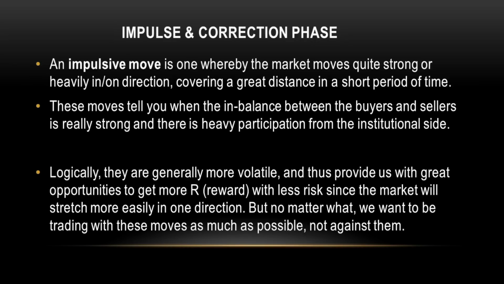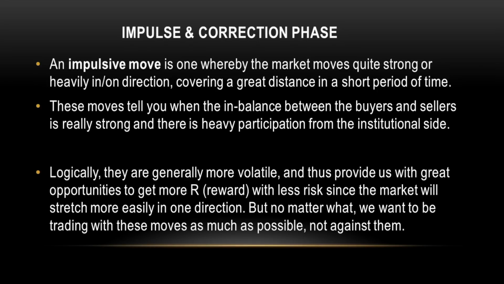Logically, they are generally more volatile, and this provides us with great opportunities for more reward with less risk, since the market will stretch more easily in one direction. But guys, remember this, no matter what, we want to be trading with these moves as much as possible, but let's not go against them.